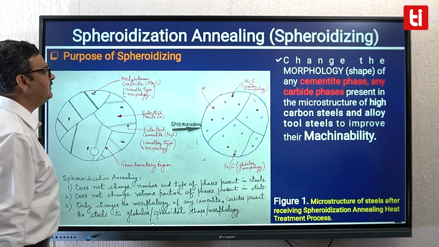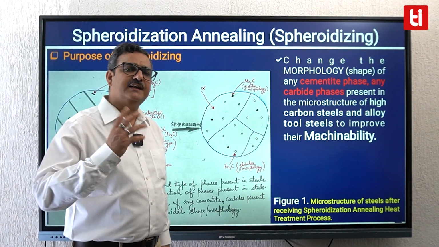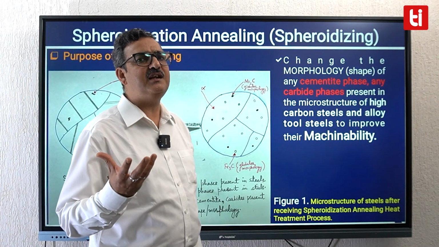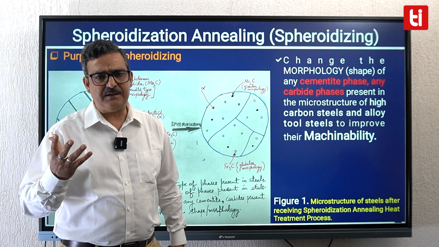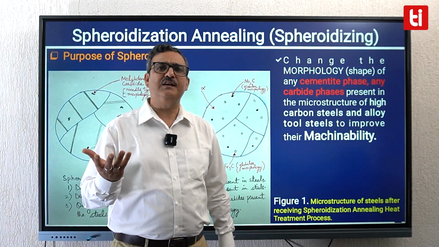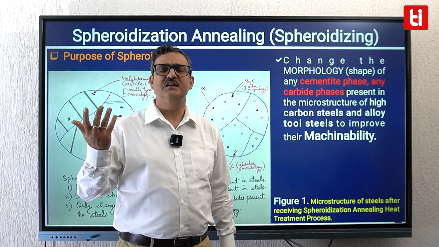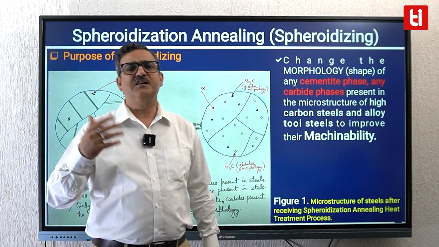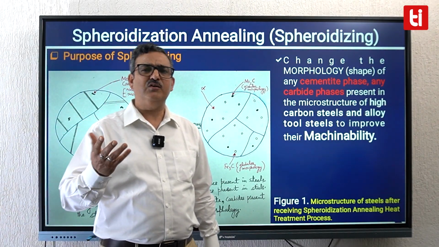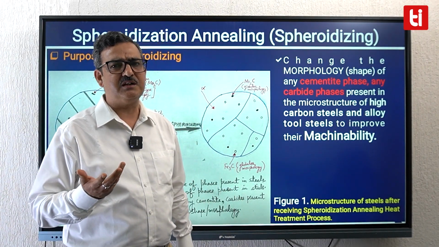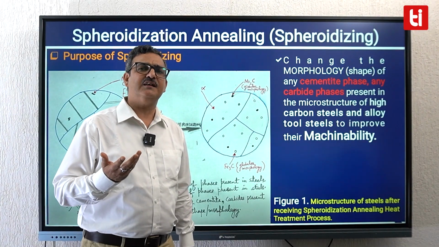And how do we achieve it in case of high carbon steel? High carbon steels generally would have a pearlitic structure, along with some pro-eutectoid cementite or some carbides like molybdenum carbide, tungsten carbide, titanium carbide, or any other type. Other carbides can be present depending upon the alloying that has been done in the steel.